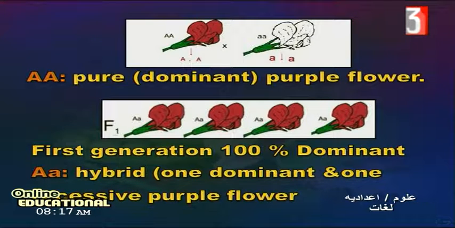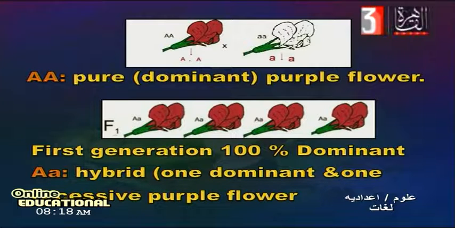A capital A small is called a hybrid, with one dominant and one recessive, purple flower.